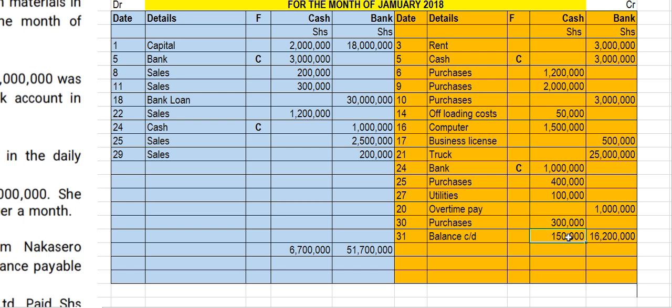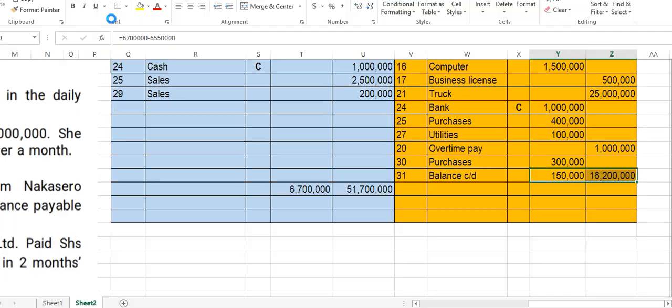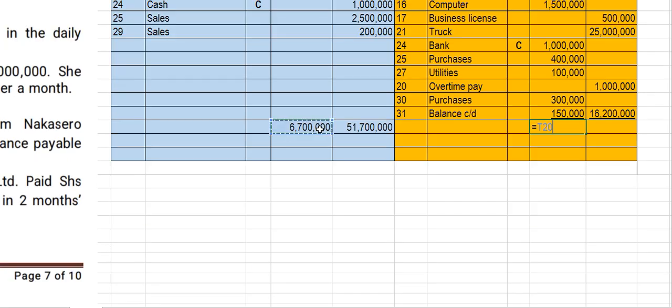I have to show that now my debit and the credit side are now equal. They are now equal. So I can put these totals in here.